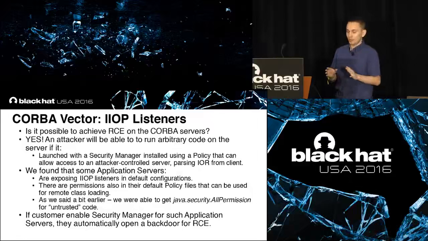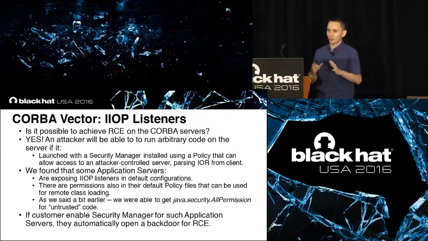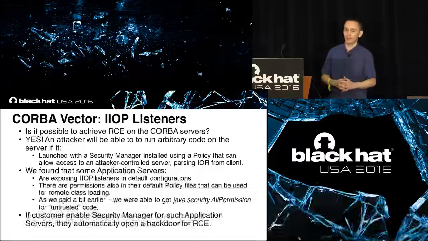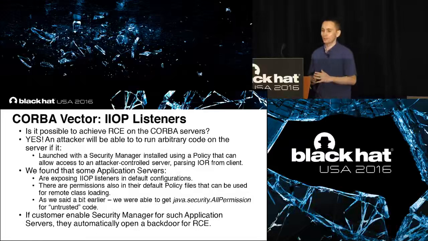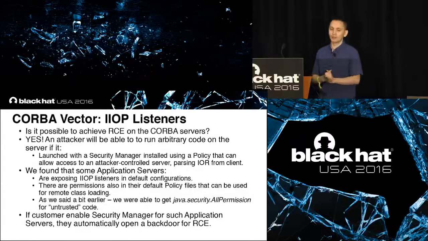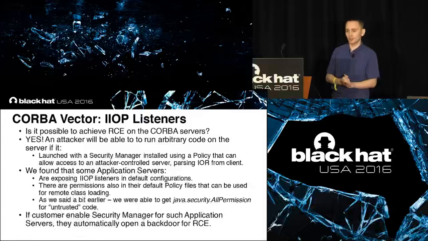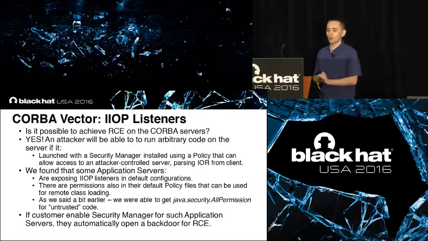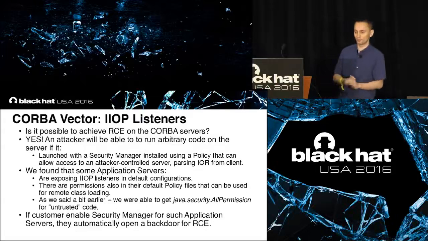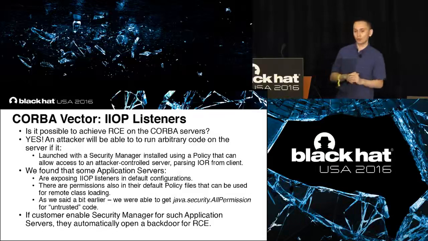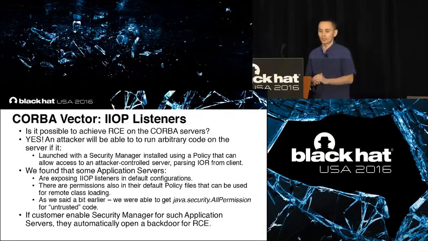Furthermore, if you remember, we already had installed a few application servers. So we quickly tested them and found that some of them expose CORBA listeners in default configurations and have the needed permissions in their policy files. And as we saw a bit earlier, we were able to get AllPermission for untrusted code. So if a customer enables the security manager in this application server, he can automatically open a backdoor for a remote code execution attack.